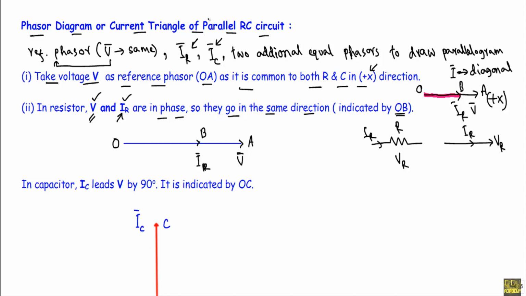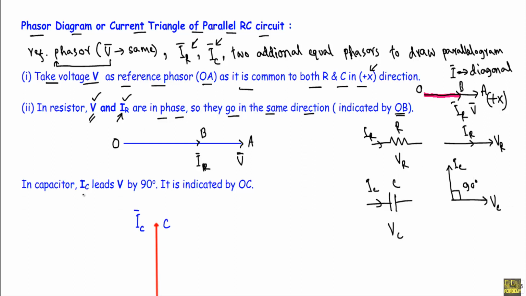Now see, in case of a capacitor, if the current is IC and the voltage is VC, the voltage lags the current by an angle of 90 degrees. That means if I take VC here, the current IC will lead the voltage VC by 90 degrees, that means 90 degrees ahead of VC.